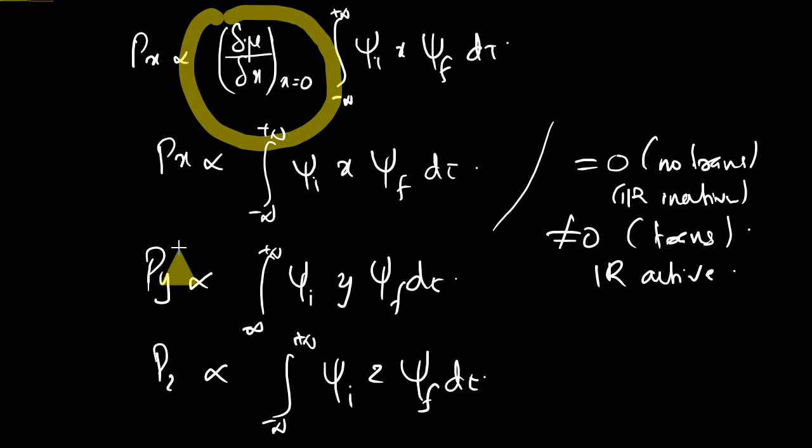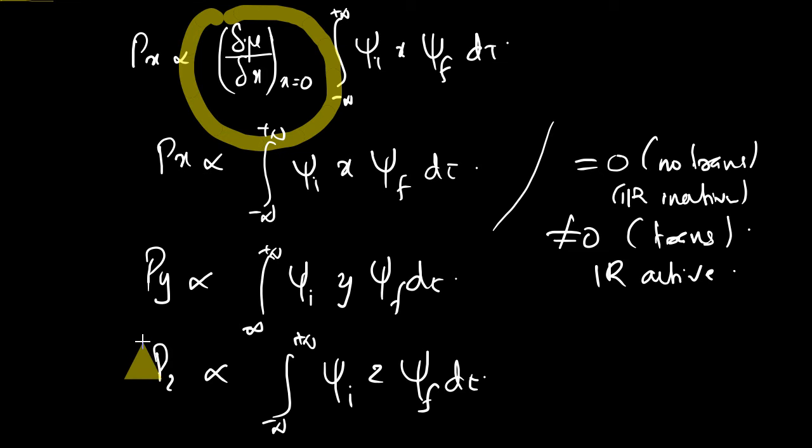If any of these probabilities turns out to be non-zero, then there is a probability for the spectral transition, or the transition will be IR active.